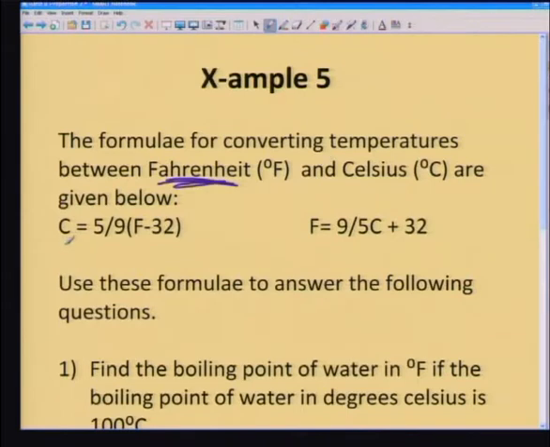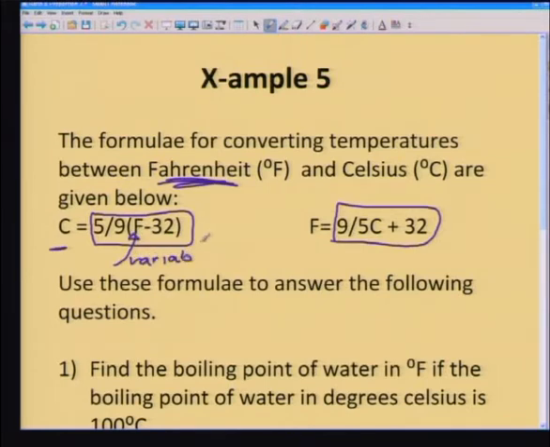They say C, which is the one that gives us our conversion from Fahrenheit to Celsius. They give us our degrees Celsius conversion, and they give us the Fahrenheit conversion. And these are the formulae that they give us to convert from one to the other. So the F in this case would be the variable. That is the thing that's going to change. A variable changes as you go from one problem to the next.